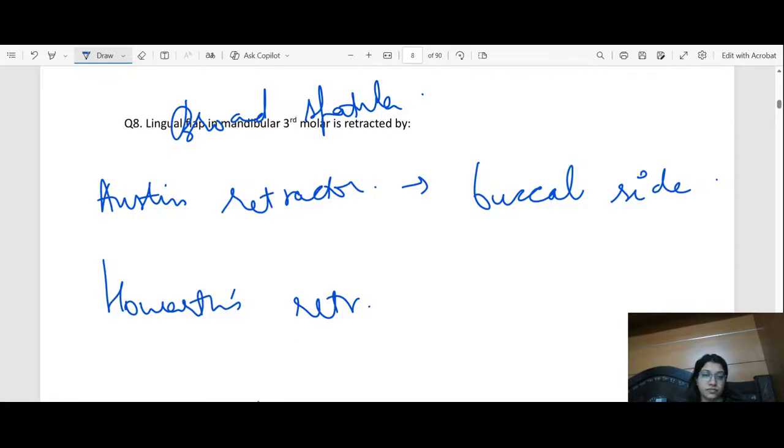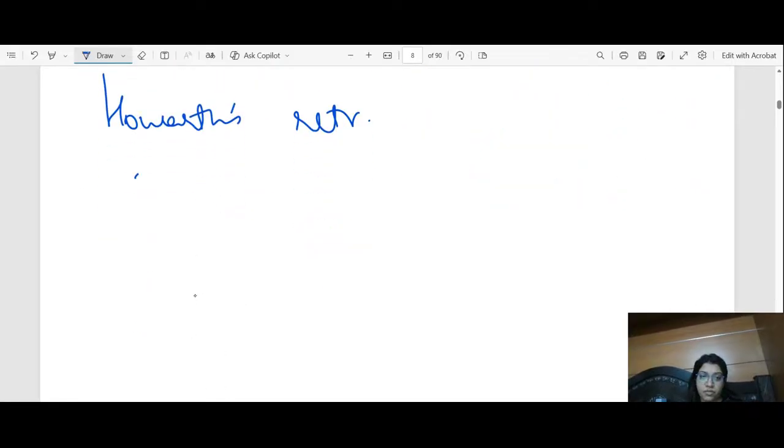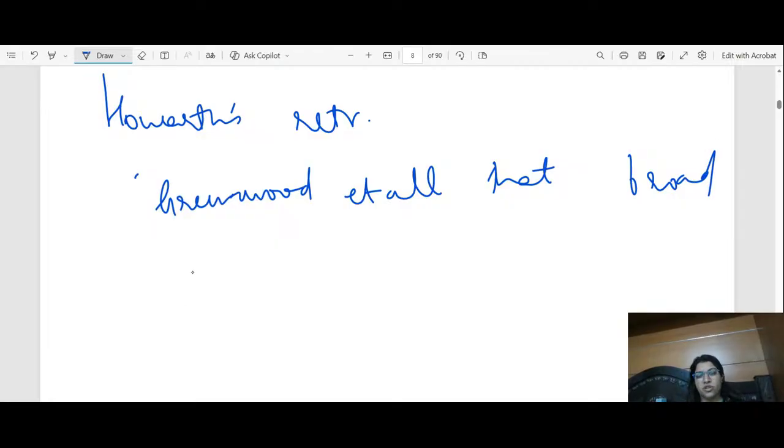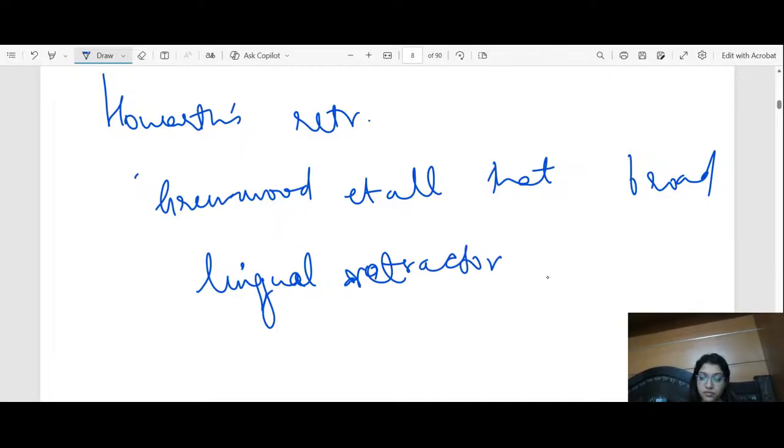So it was told by Greenwood et al. that the broad lingual retractor will be more suitable to prevent the sensory loss.